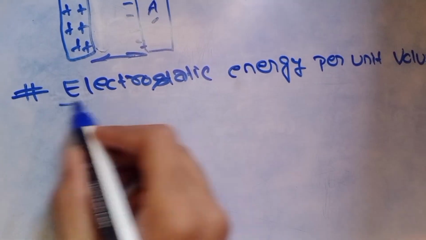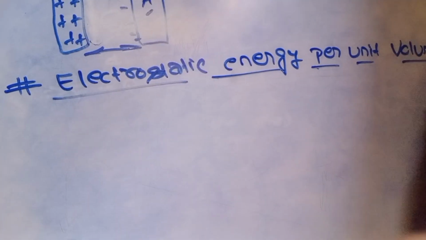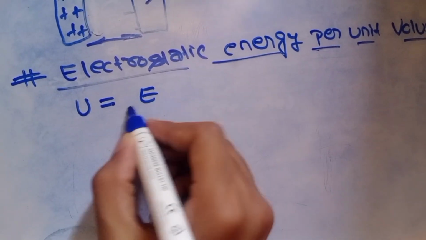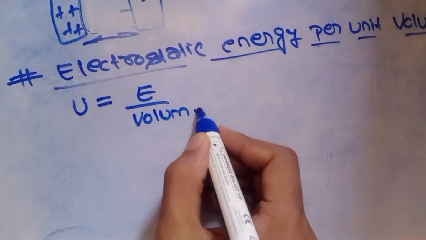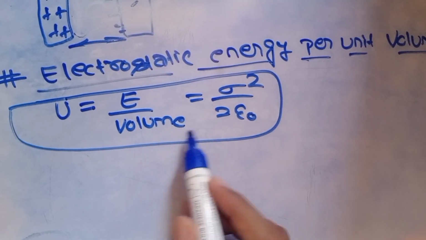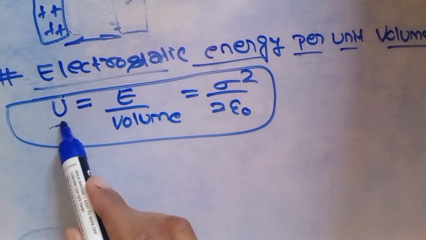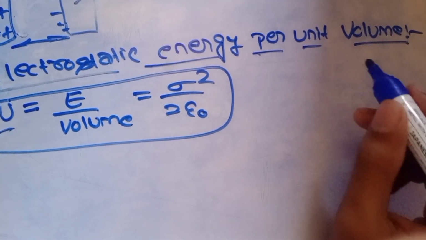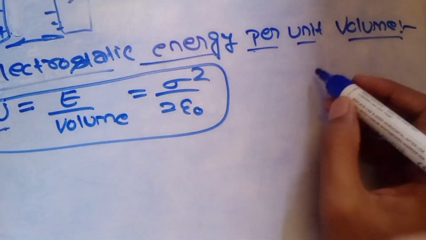Now electrostatic energy per unit volume, represented by U, equal to energy per unit volume, is nothing but sigma square divided by 2 epsilon naught. We can understand this concept by the dimensions of pressure and energy density.